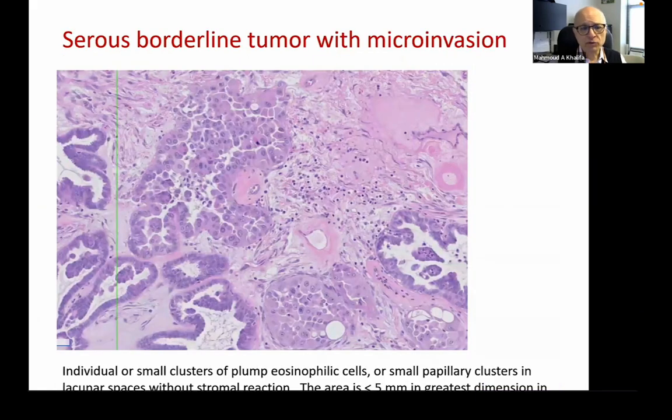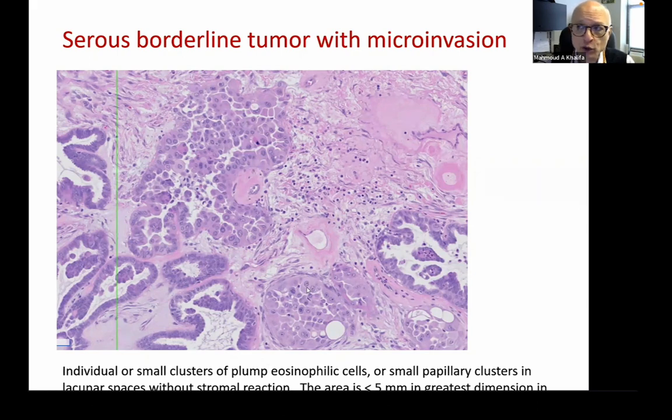So as I'm doing my job, looking at slides, it looks like borderline. We all agree that this is borderline. And all of a sudden, I run into an area that looks like this. Look what happened here. All of a sudden, cells started to become plump and started to be large. Look what happened.